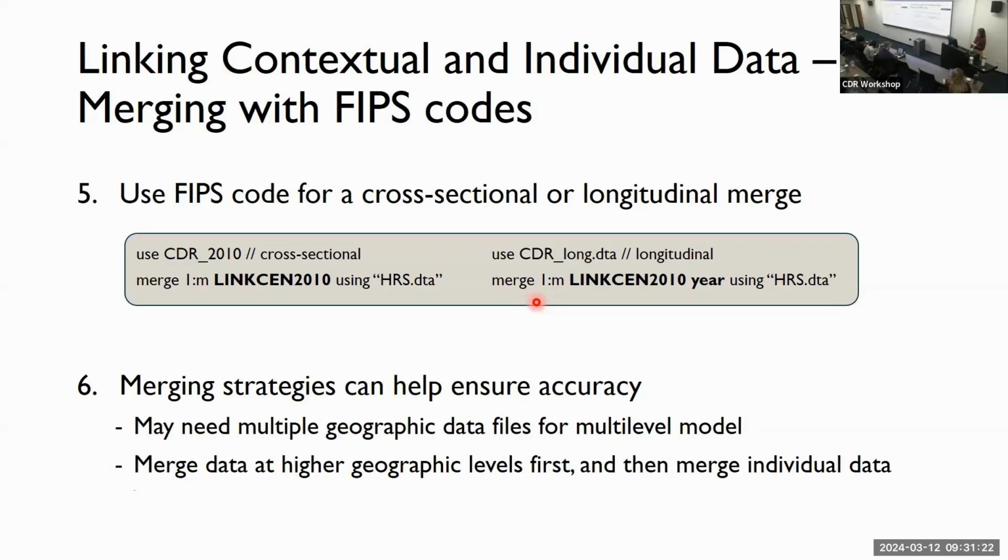And so oftentimes that requires merging multiple geographic data files together. You're not just pulling one air pollution data set or one heat data set. And so when you're doing multiple data merges, we find that it's really helpful to do those higher order merges first. So you would merge at maybe the state level first, all your state level data, then you merge all your census level data. And then finally, you bring in that individual level data.